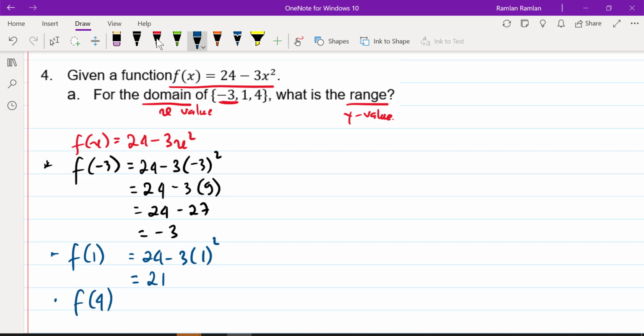I'm going to go straight. I should use a different color here. Let's go, we can see what happened here. f of 4, just substitute: 24 minus 3 times 4 squared, and that'll be equal to 24 minus 48, right? Yes, 48. That'll be equal to negative 24.